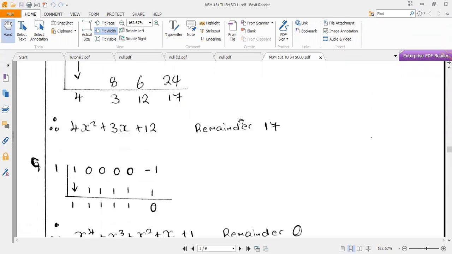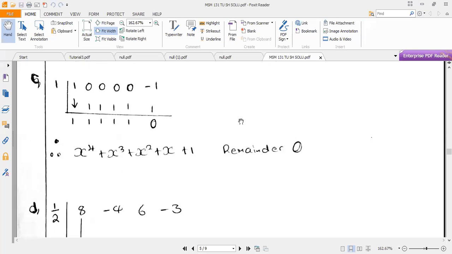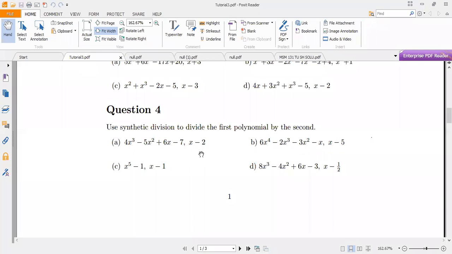Continue. All right, so we now have an equation. I'll go to C because B is something similar. C has x to the 5 minus 1 divided by x minus 1. You notice that this is x to the 5 and the next number is a constant.